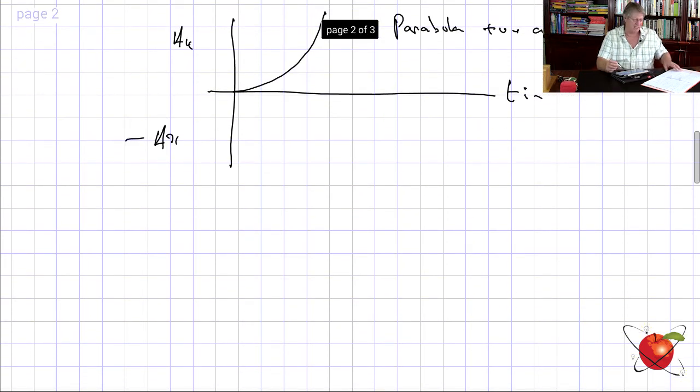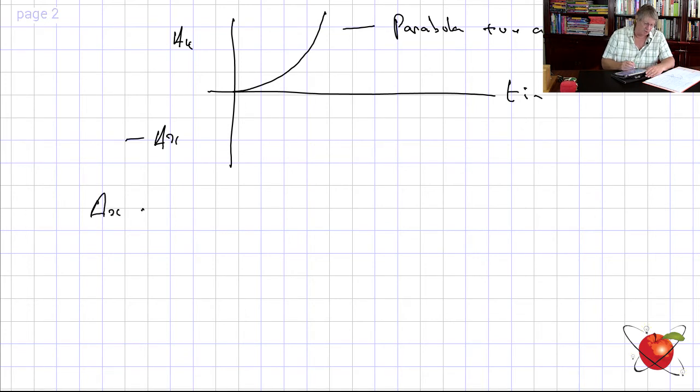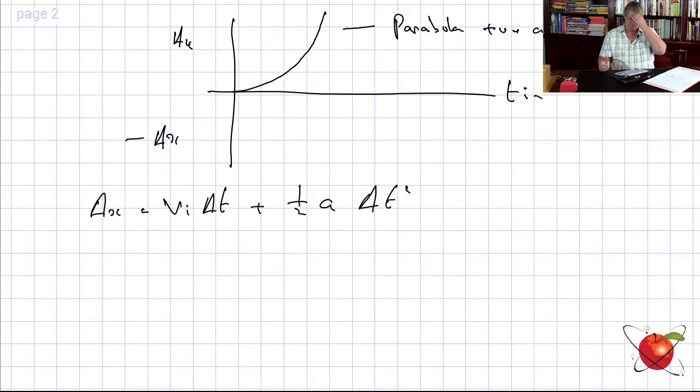Let's just have a look at something, shall we? Let's just go back to Newton's laws of motion. I just want to page mine back. And we said that if we look at Newton's laws of motion, let's just look at this one, okay? Delta x is equal to vi delta t plus a half a delta t squared, okay?